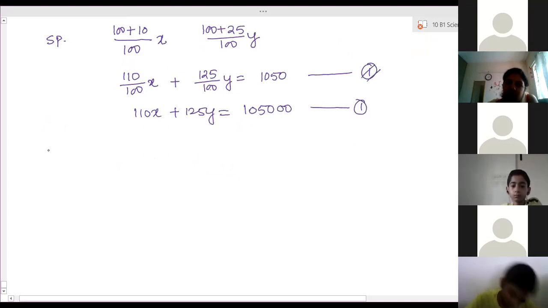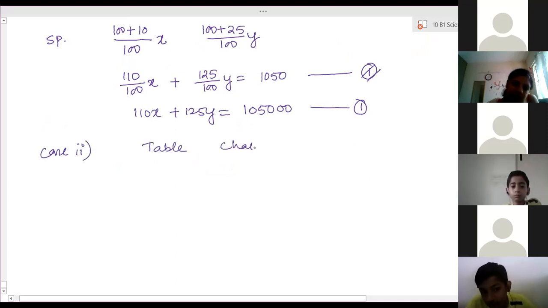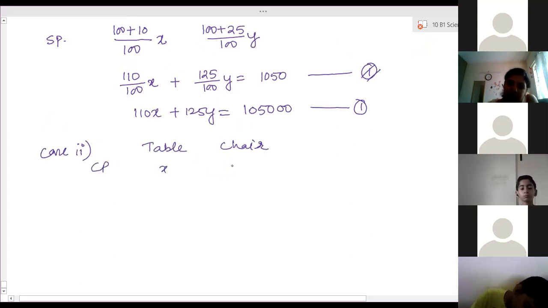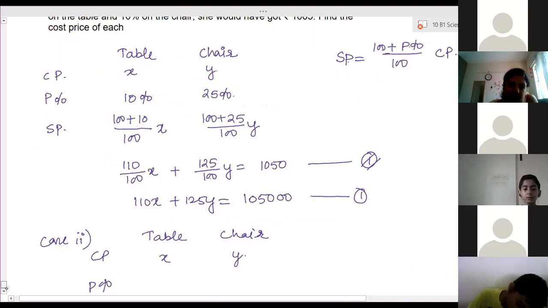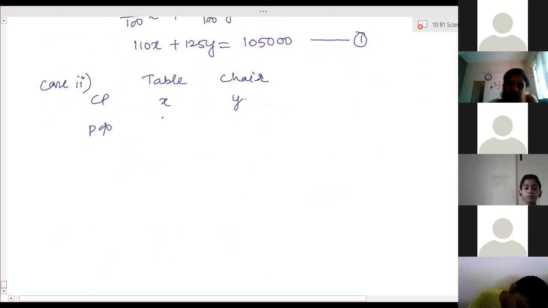Now case 2. Table, chair, their CP will be considered as X and Y. Profit percentages are 25% on table and 10% on chair.